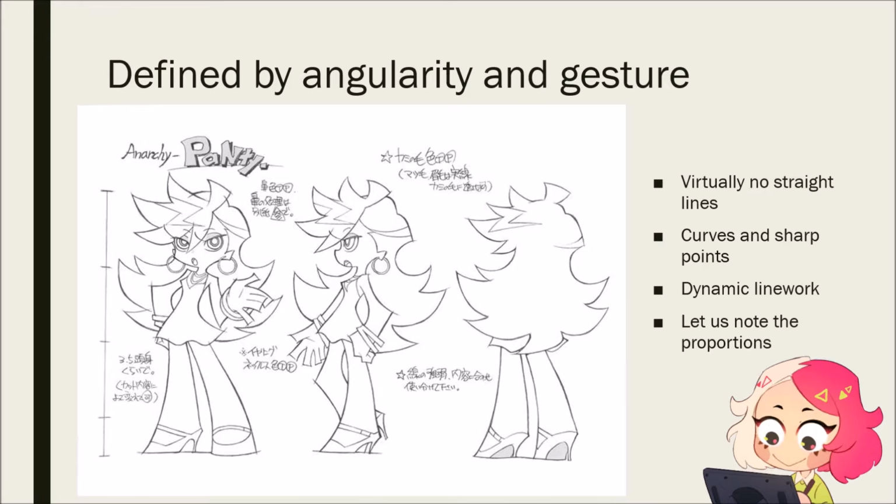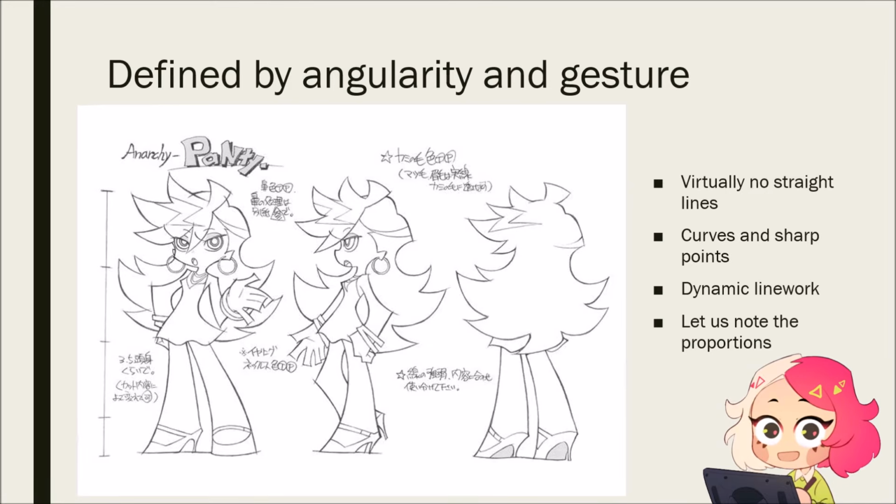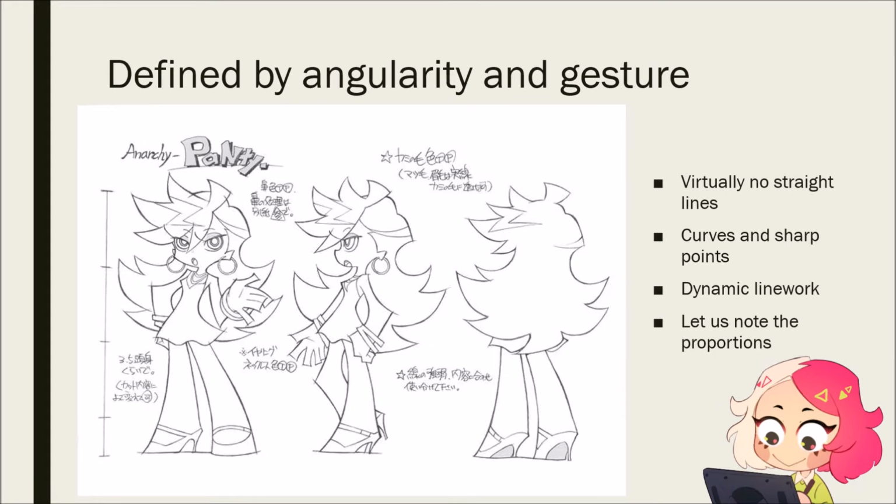So first things first, what can we see from these beautiful sketches of Panty? There are virtually no straight lines within the character. The arms, even the gesture of the body, everything in one way or another is a curve. The curves meet in sharp points.